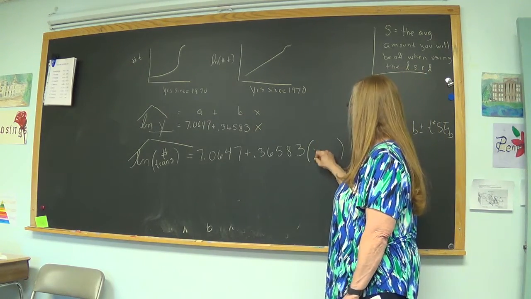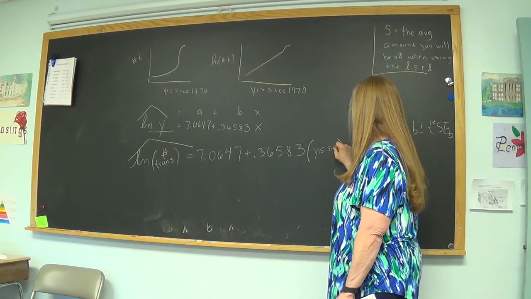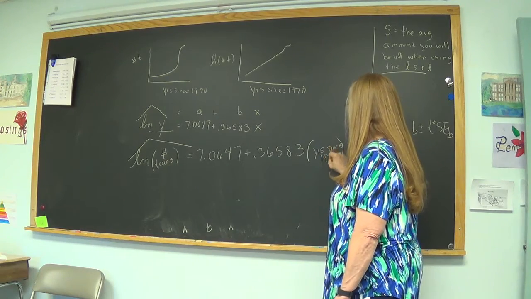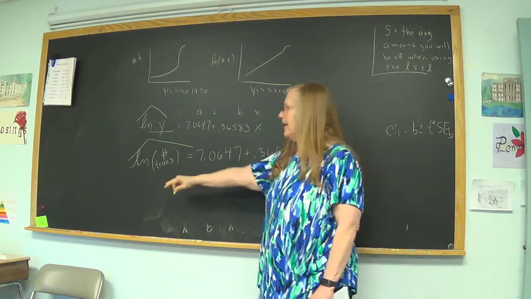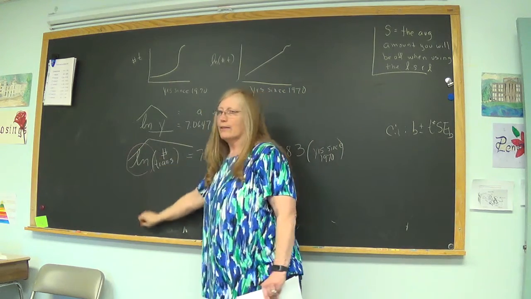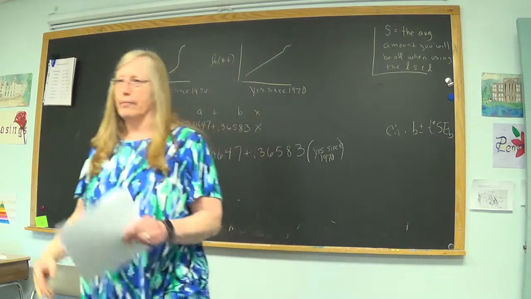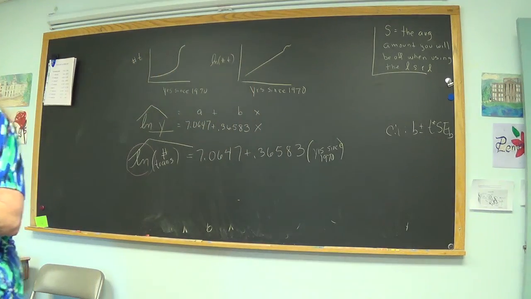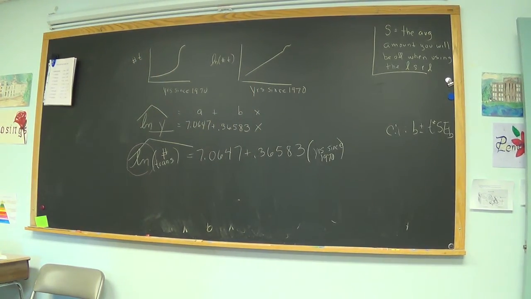Years since 1970. Alright, so here is the regression line. Would you be able to have gotten this part right here? Well, that's what I'm training you on, so make sure you understand that. Put that ln in. How did I know it? Because I looked at the top graph, the straight one, and I saw they took the ln of the y value.